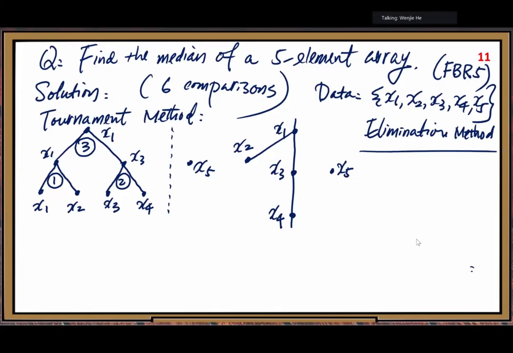We can eliminate it from consideration. Which one has no chance to be the median? So we need to describe the median here. Be careful. Let me describe the median, then you answer this question again.